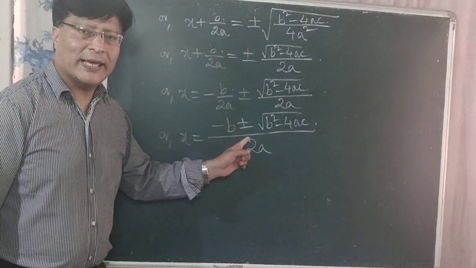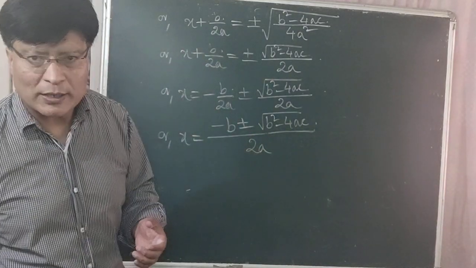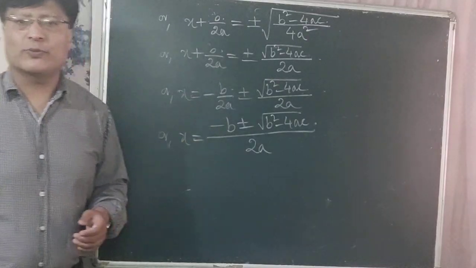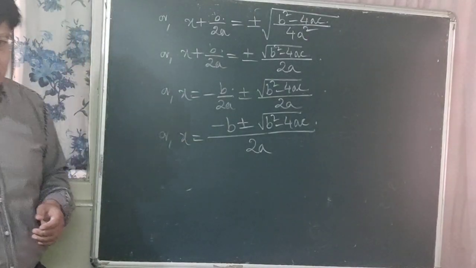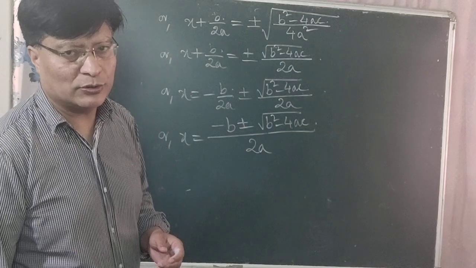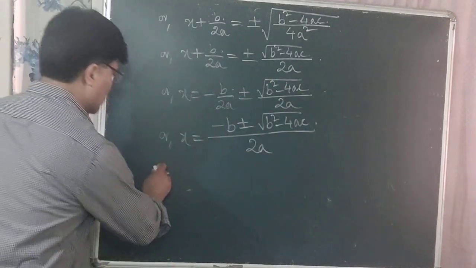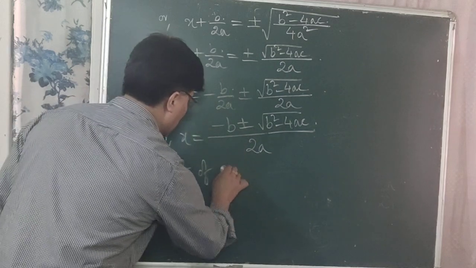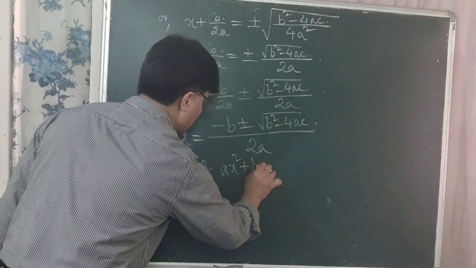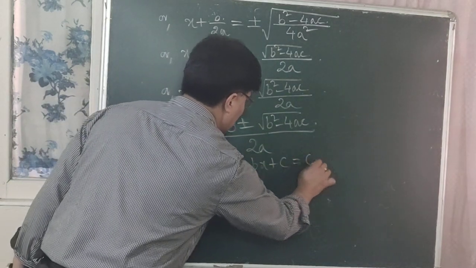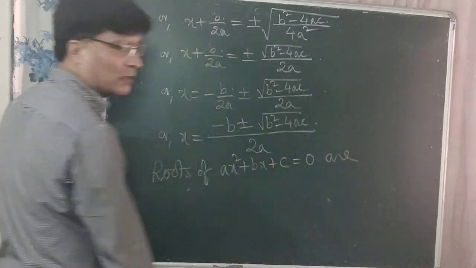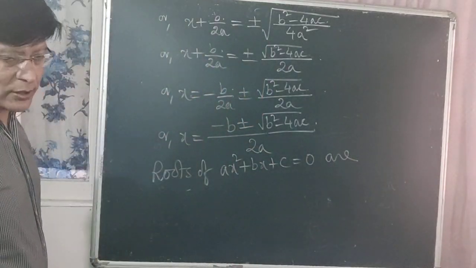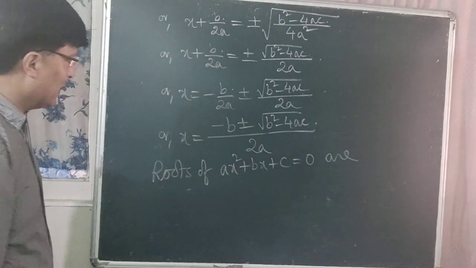These are also known as the roots of the given quadratic equation, that is ax square plus bx plus c is equal to 0. Okay, so the roots of ax square plus bx plus c is equal to 0 are, there are two roots here actually, one is plus and the other is minus.